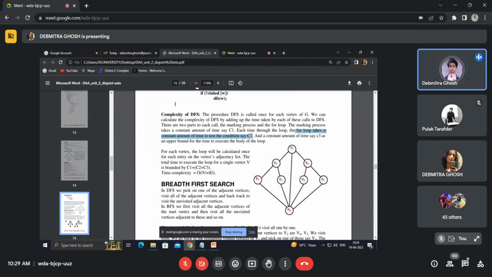What are the things we basically consider for calculation of time complexity? Loops. We consider loops for calculating time complexity, right?